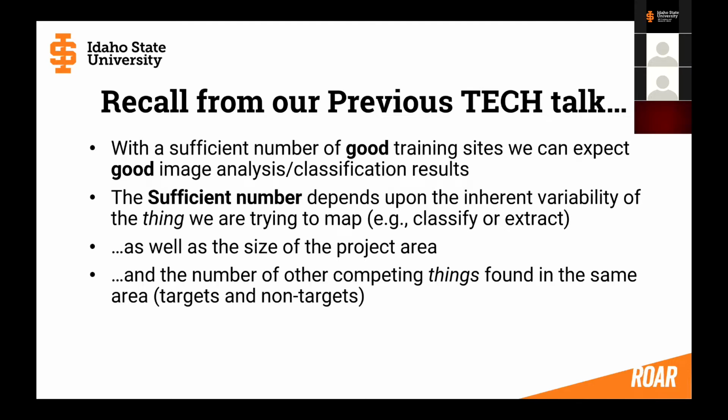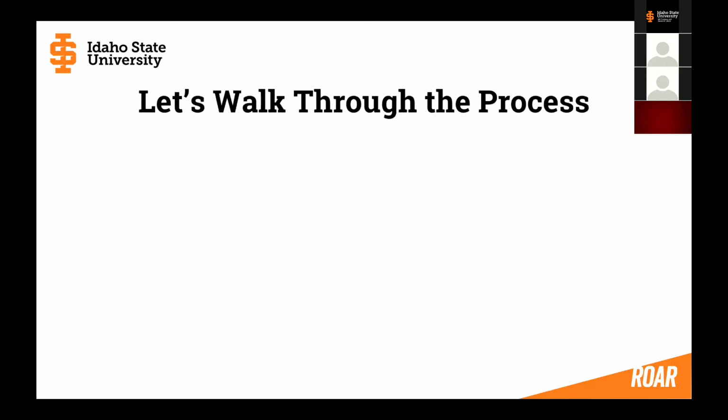And that sufficient number also depends on the number of other competing things found in the same area. Recall that we have targets and we have non-target features of interest. So let's walk through the process.